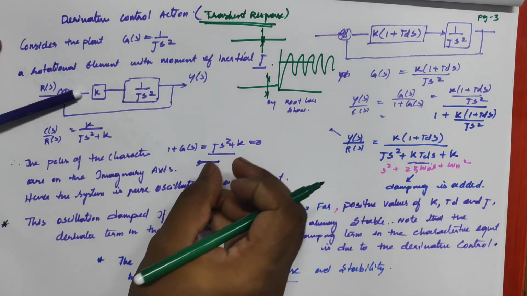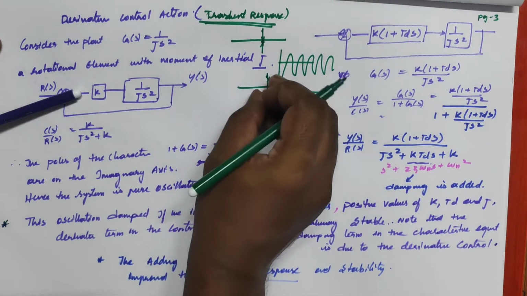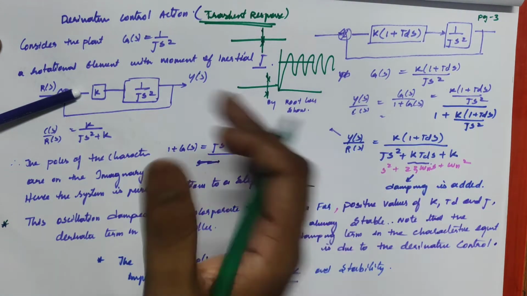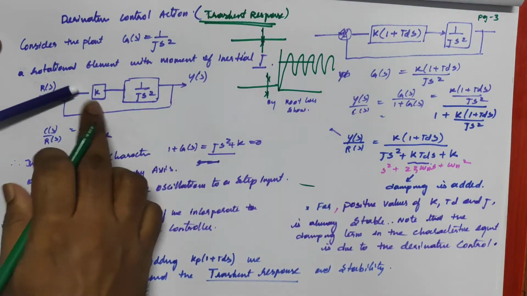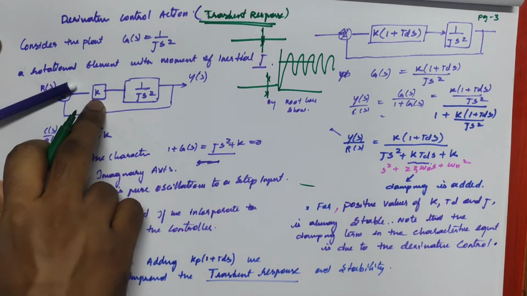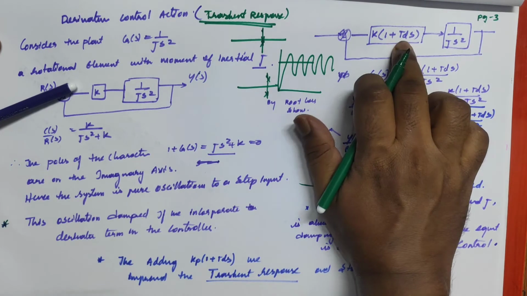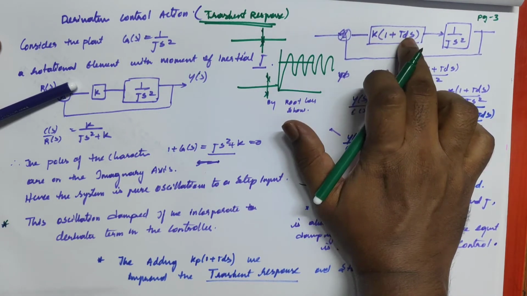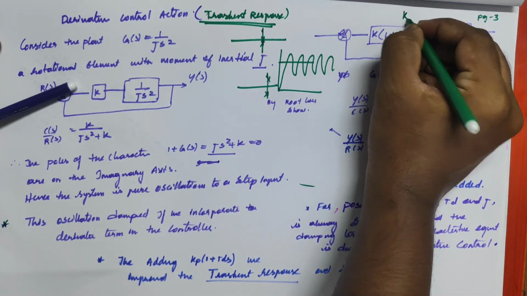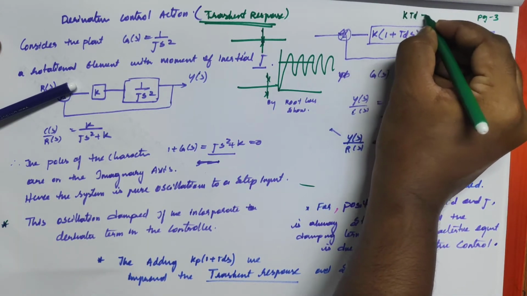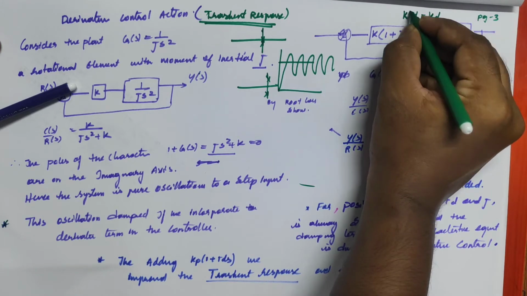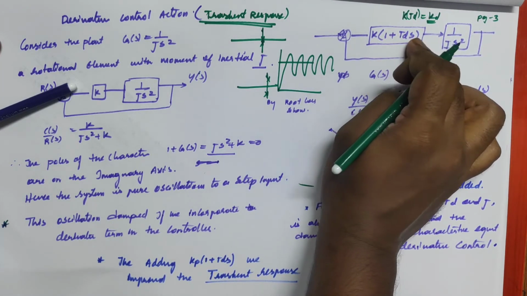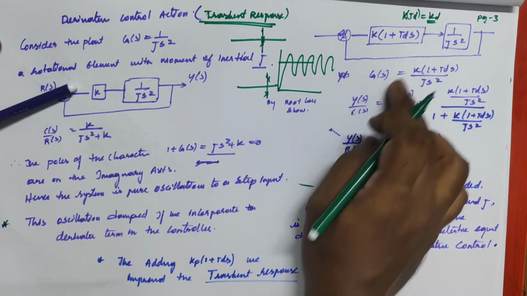We can say this is a marginally stable one, but regarding the transient response, nothing has improved with the proportional term. But if I add a derivative, K is proportional, K into TD is KD, the derivative control constant, so proportional plus derivative. If adding, what happens?